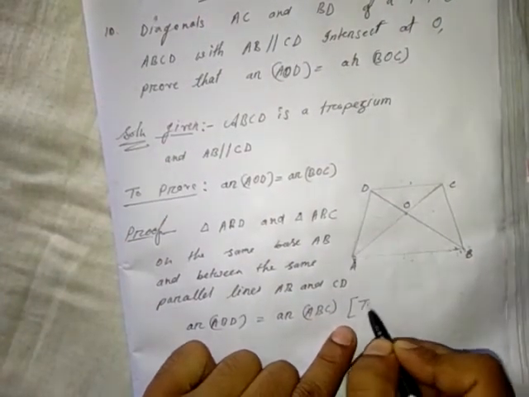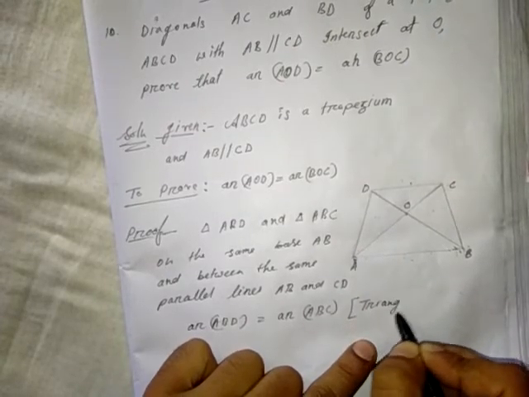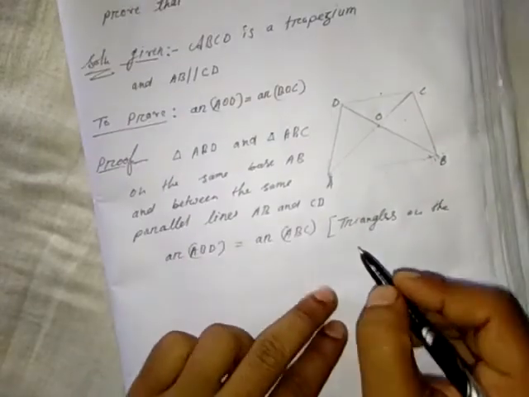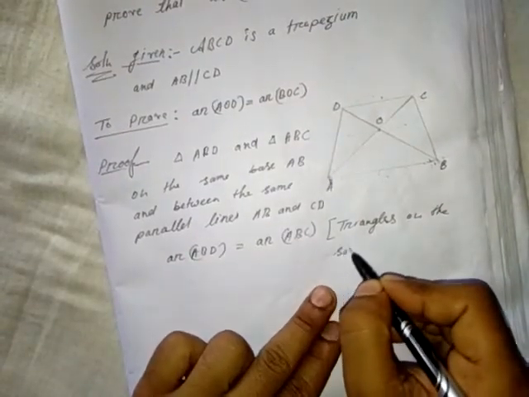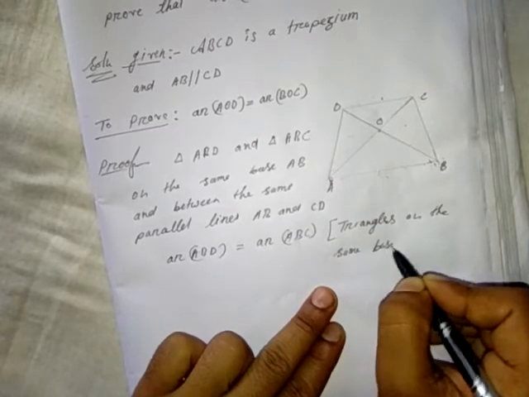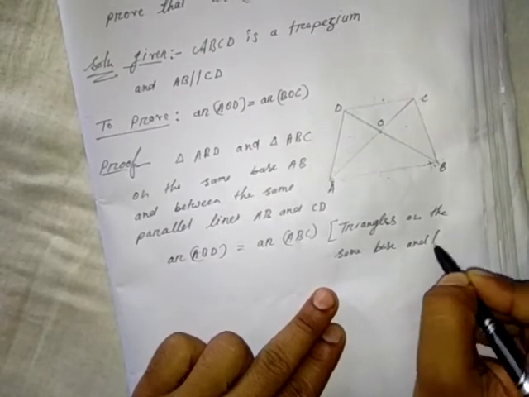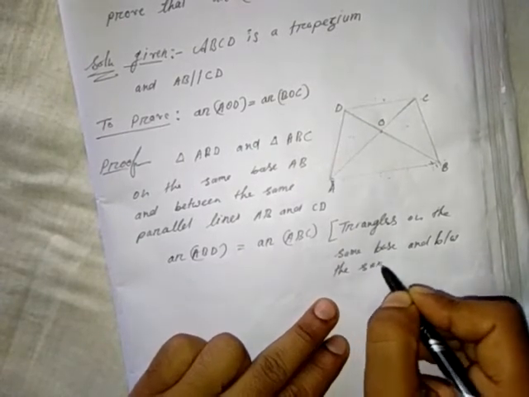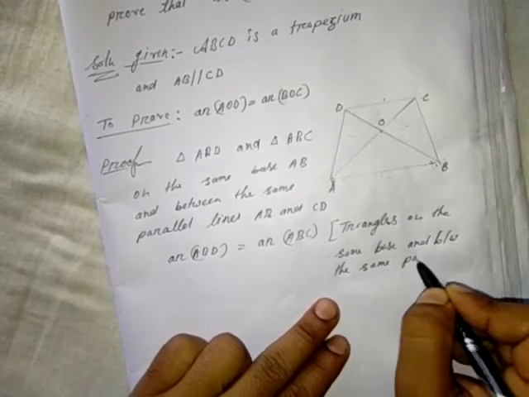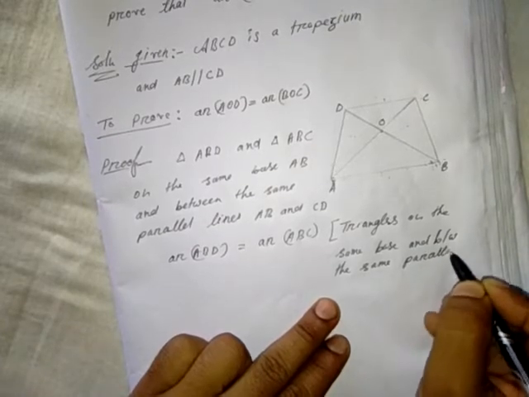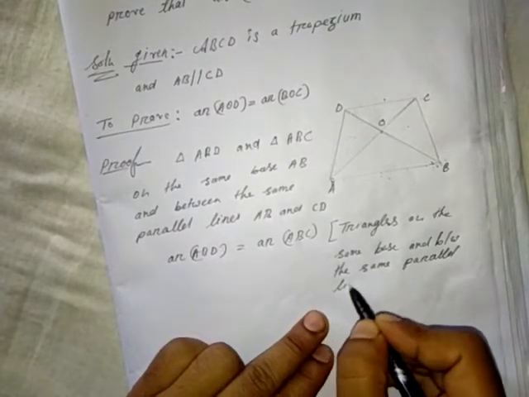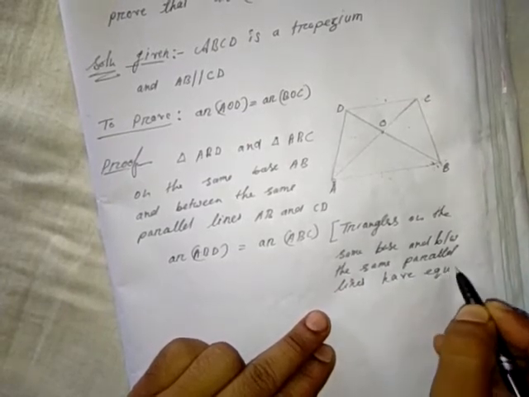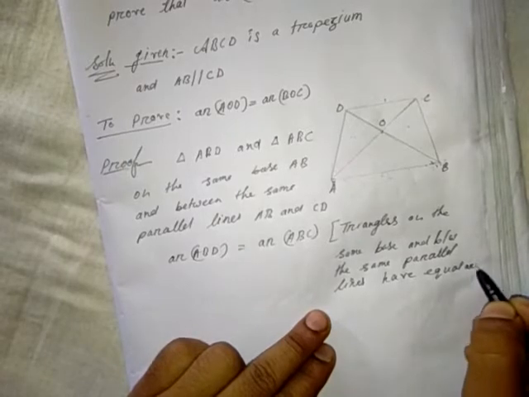The reason: triangles on the same base and between the same parallel lines have equal area.